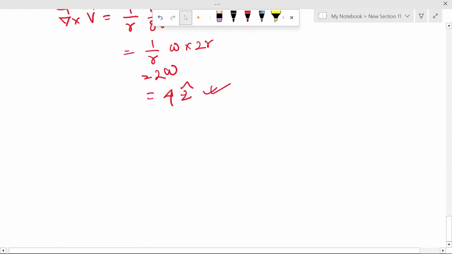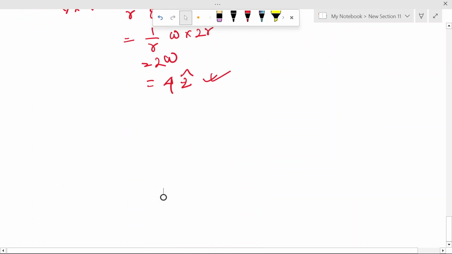Let's look at option D. Option D is the Laplacian of V. So what is it?